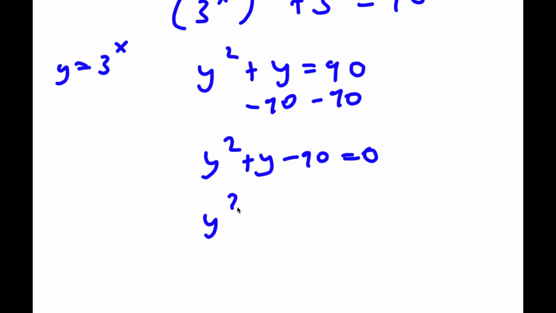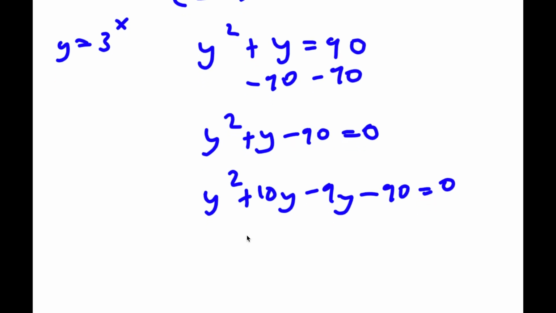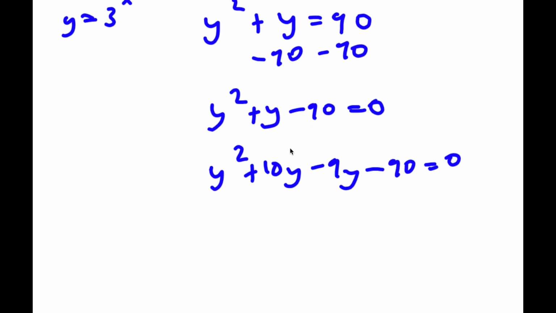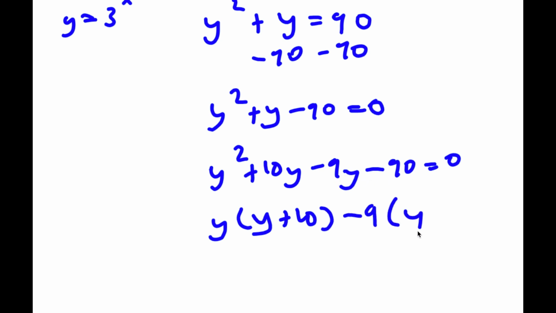Now I can rewrite this as y squared plus 10y minus 9y minus 90 is equal to 0. Let's first start by factoring out y from y squared plus 10y, so I get y times y plus 10. Now from negative 9y minus 90, I'll factor out negative 9, so I get negative 9 times y plus 10.